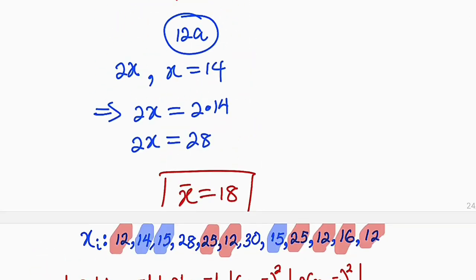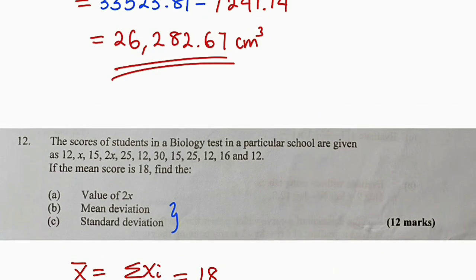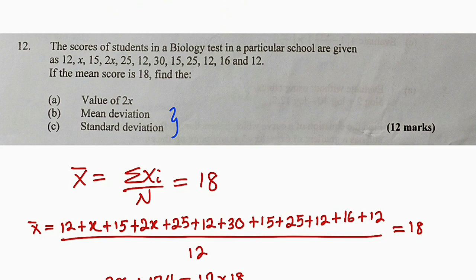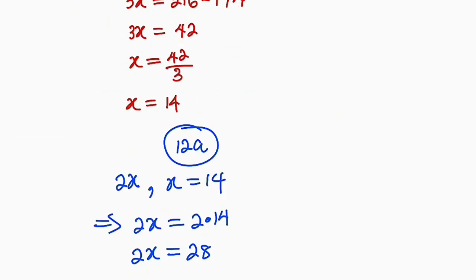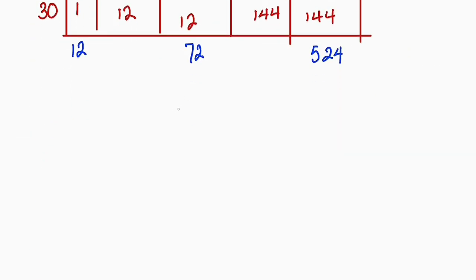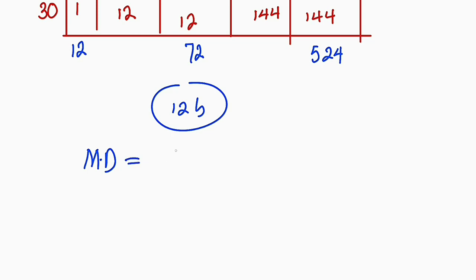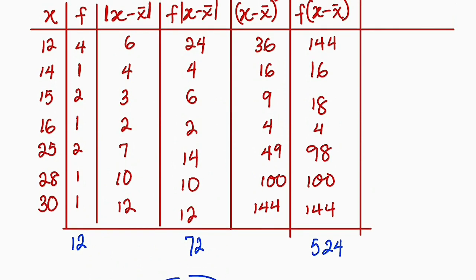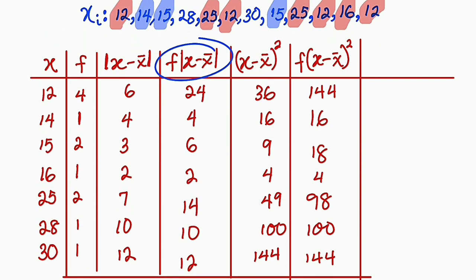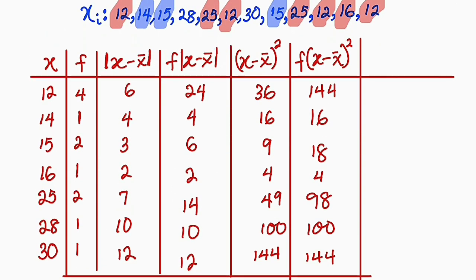So now let's start answering these two questions, the last two, the mean deviation and the standard deviation. So 12b, mean deviation is equal to what? The summation of what? You can see the column here. F of the absolute value of x minus x bar.